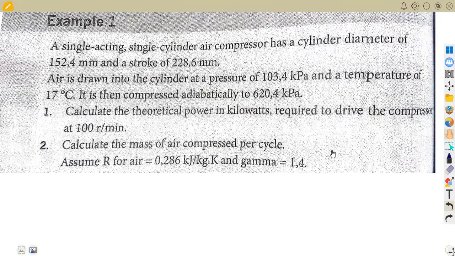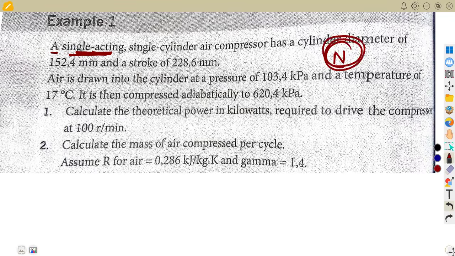All right, I'm given a question, which is actually example 1. A single acting, remember we talked about this, a single cylinder. You can have a number of cylinders, which we shall see mostly in our N6, and how the number of cylinders affects things. But this one is single acting, meaning the speed is not affected.